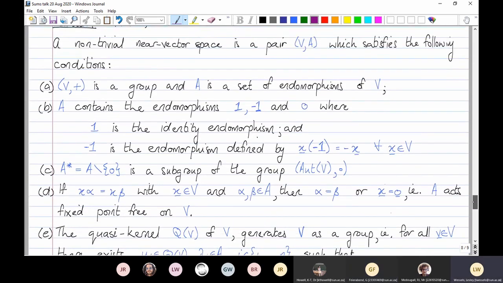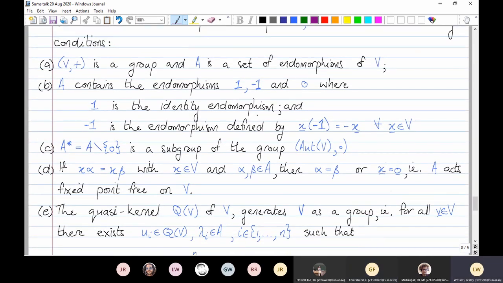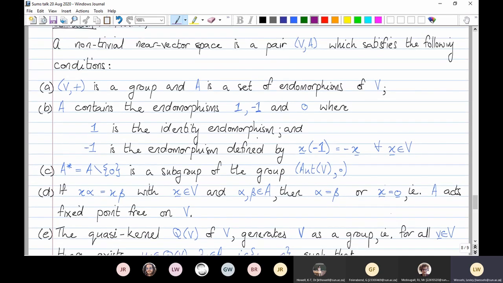So I actually wanted to get to this, because that's why I said what an endomorphism is, what an automorphism is, because for V to be a near vector space over A, I need certain properties for V, and then also certain properties for A. And also you'll see my scalars are on the wrong side of what I just did with you guys.